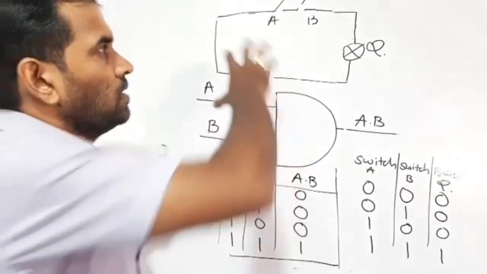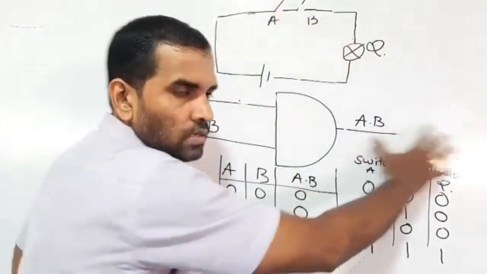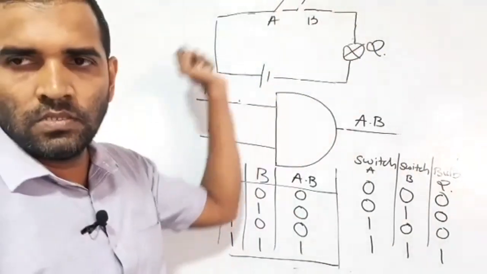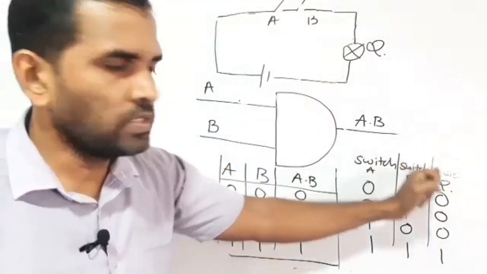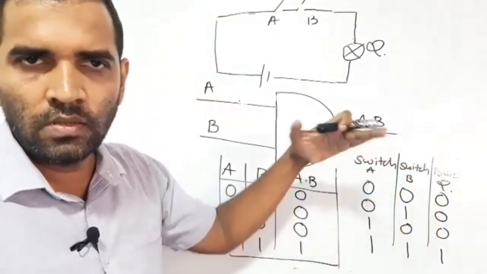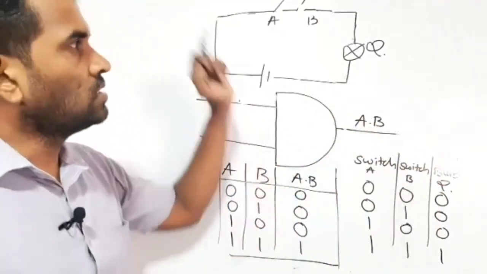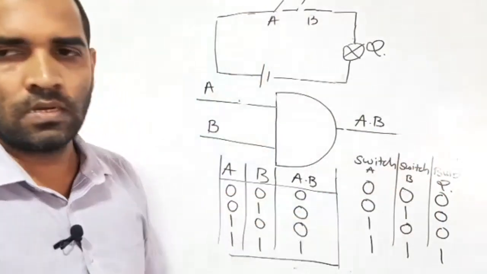So draw this first and then write this table. Do both. Draw it first, that is the important one, but I put this table in order to understand the status of inputs and output. So do the first one first and then the second.